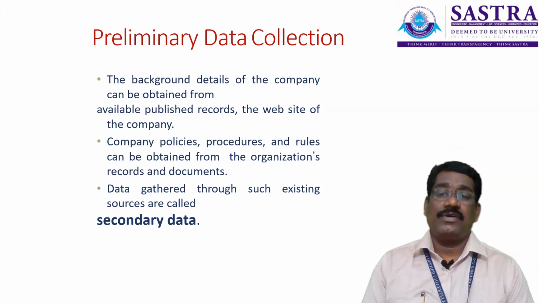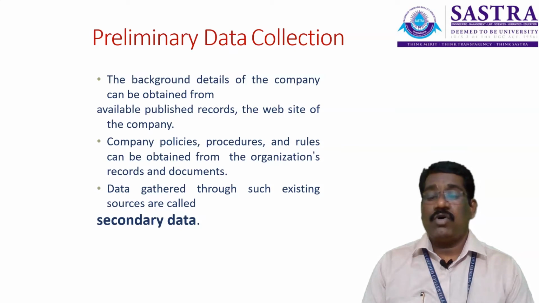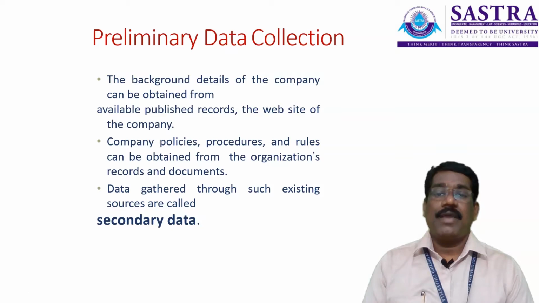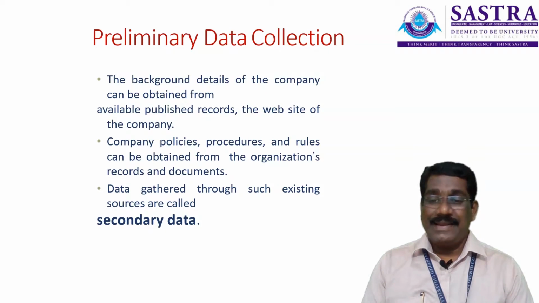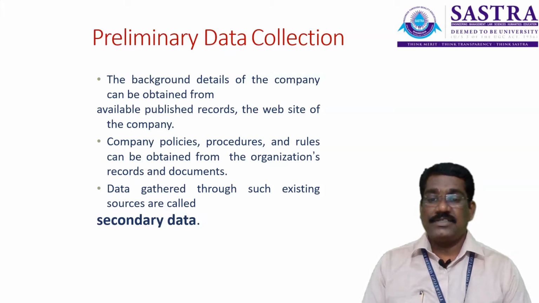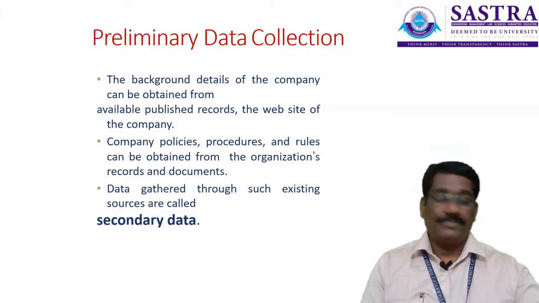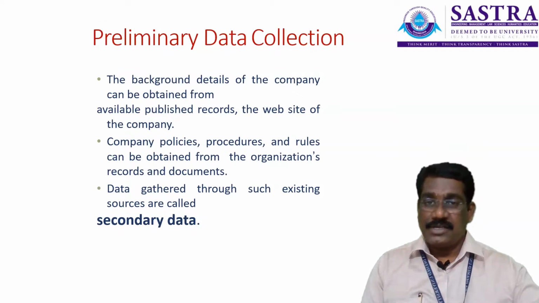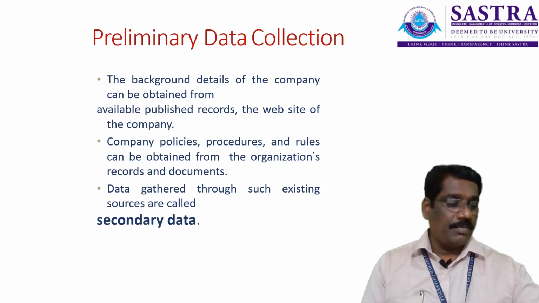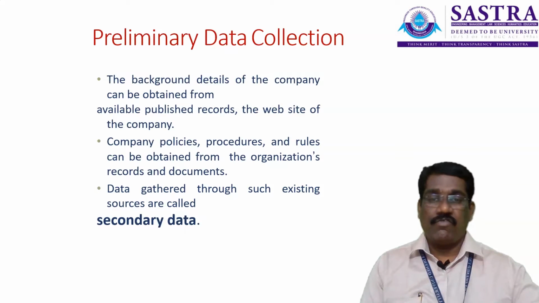You have a lot of SOP documents that you can review, and also rules can be obtained from the organization records and documents. Data gathered through such existing sources are called secondary data, because the data was already collected by the persons involved in the earlier research process.